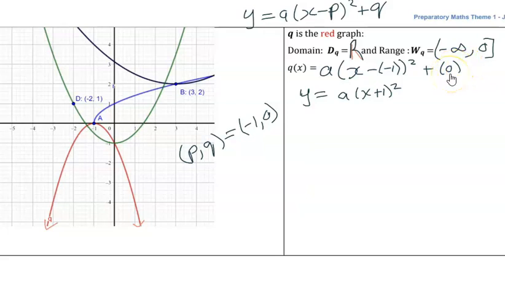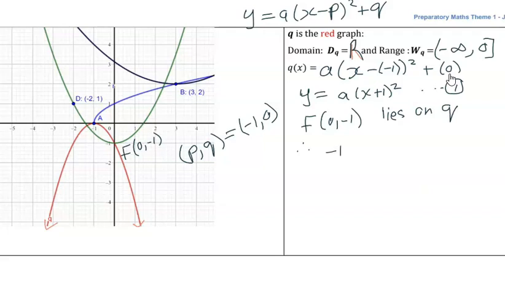We also know that the point here, which is the point (0, minus 1), lies on q. Therefore, I can substitute it into this equation here.